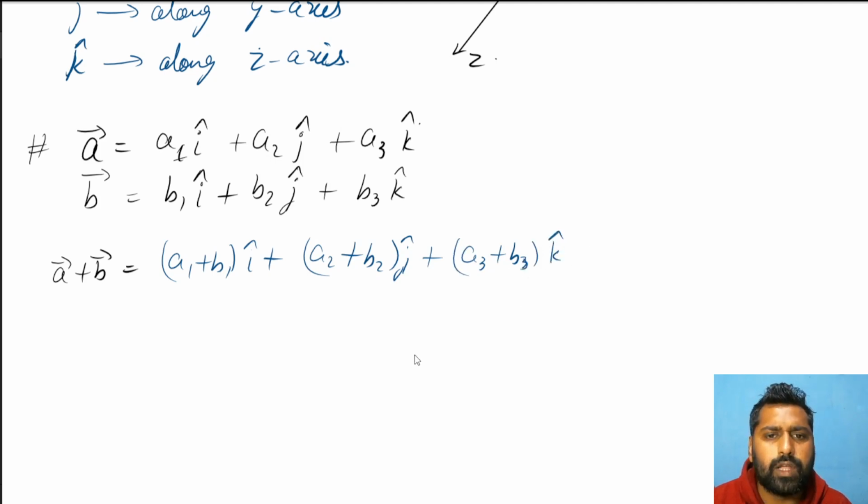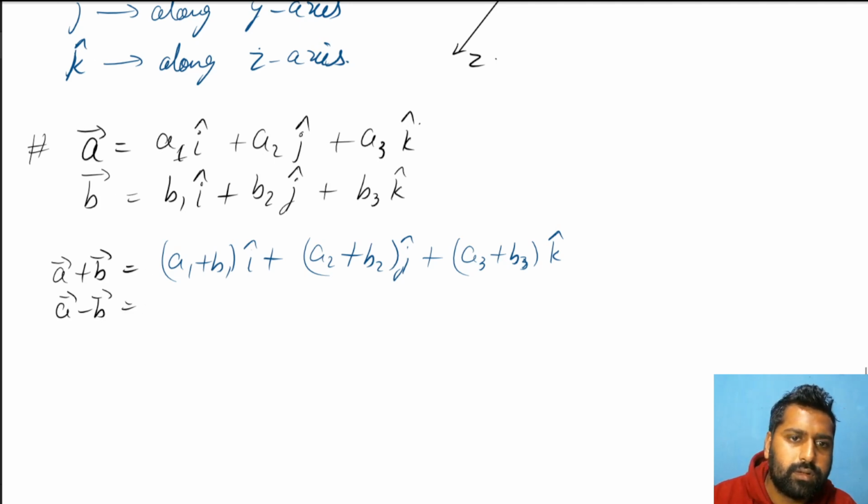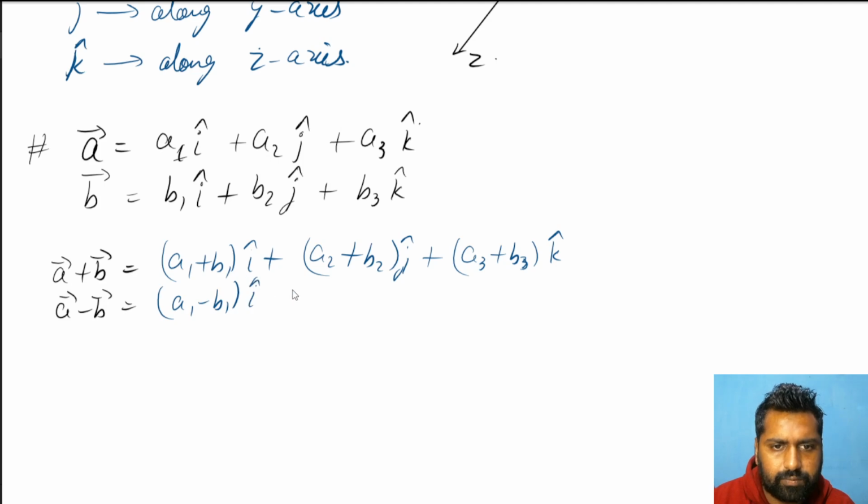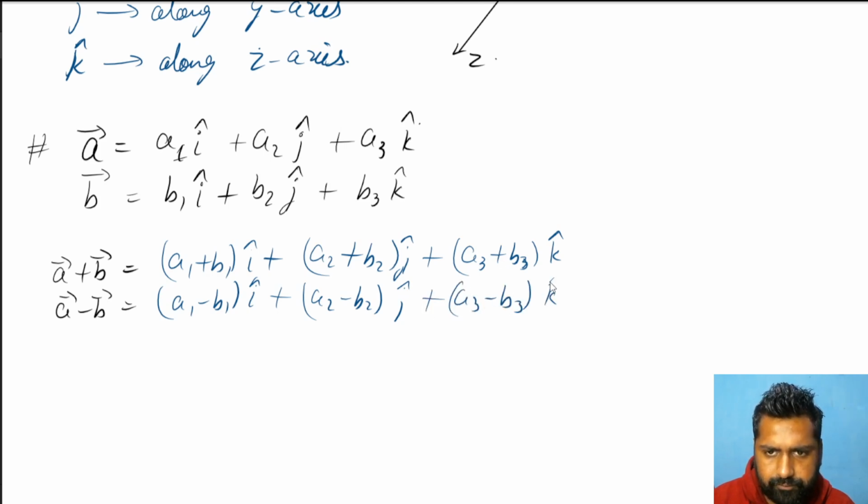Just understand the idea, no need to learn this as a formula. Similarly, if you want to subtract two vectors, then subtract i with i, j with j, k with k. a1 minus b1 i, a2 minus b2 j, a3 minus b3 k.